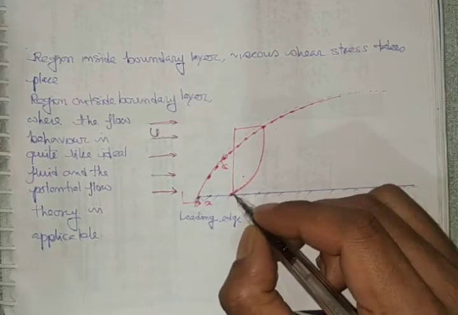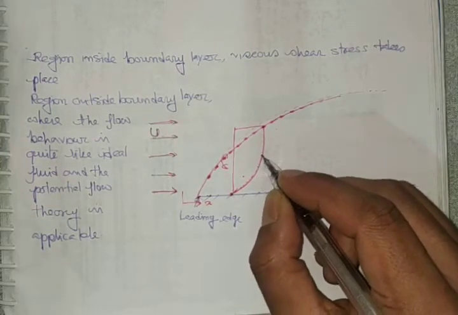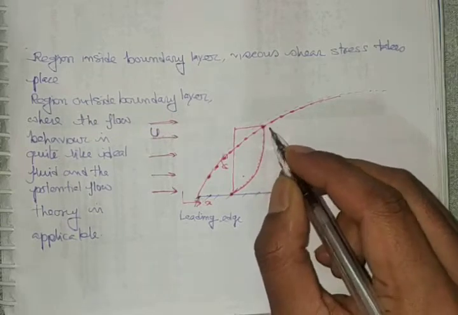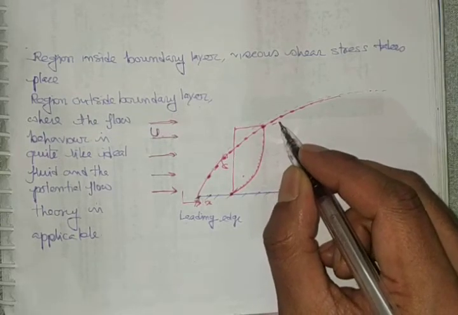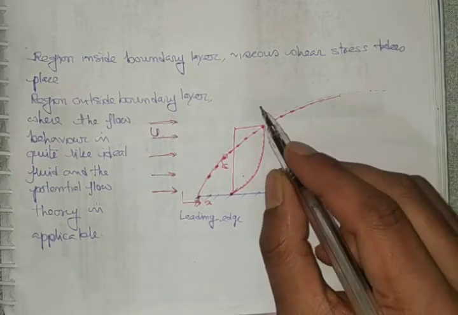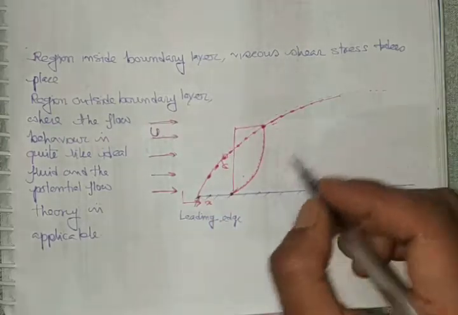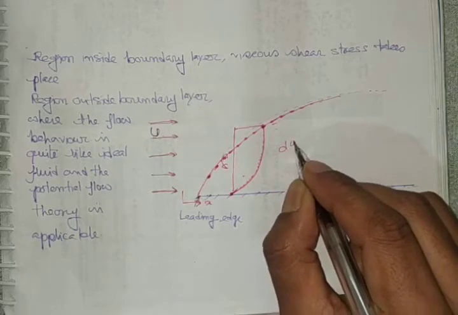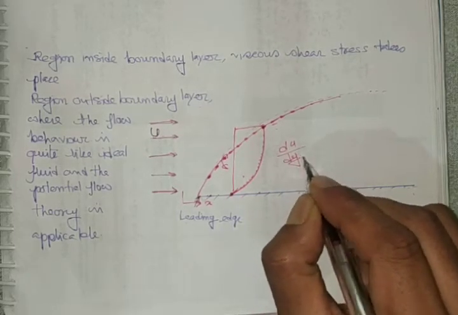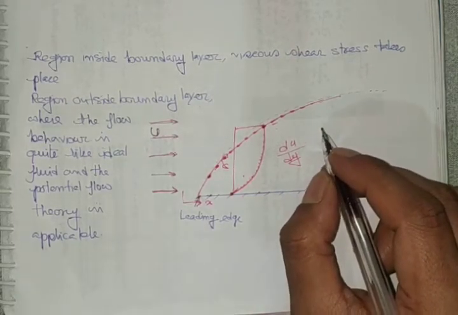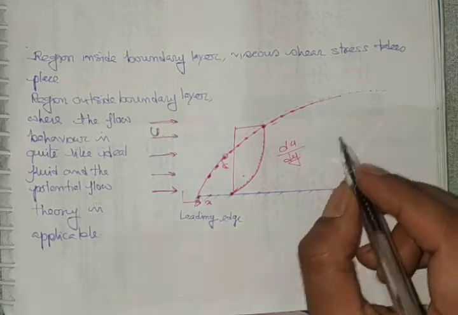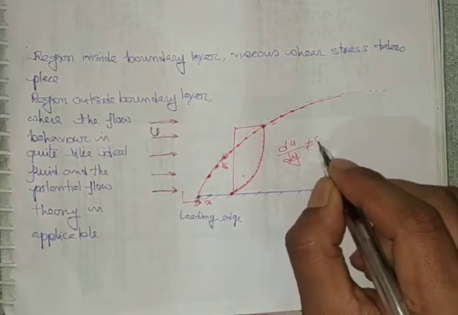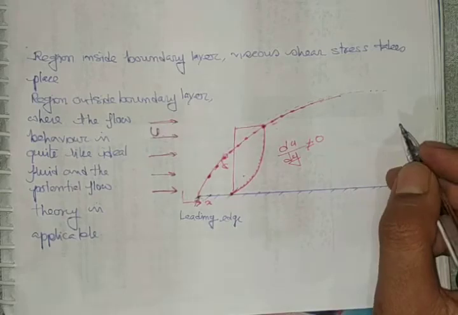So here the velocity increases from 0 and at this point it becomes 99% of the mainstream velocity. So here you will get a velocity gradient. Velocity gradient is not equal to 0.